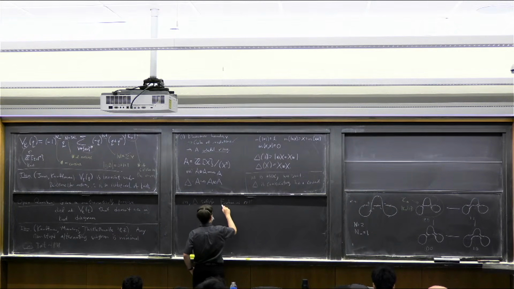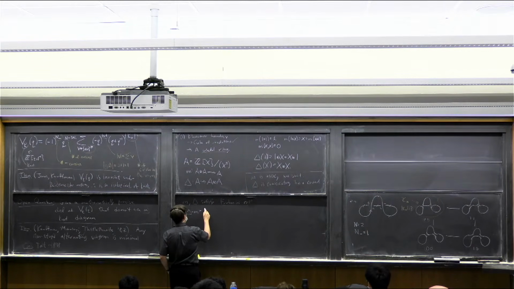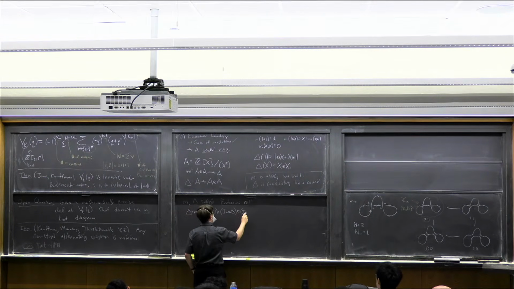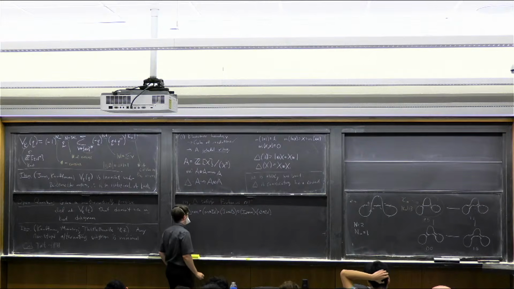That is, delta circle M is equal to M tensor identity composed with identity tensor delta, don't panic, which is identity tensor M composed with delta tensor id.